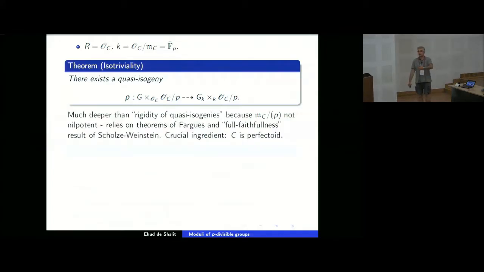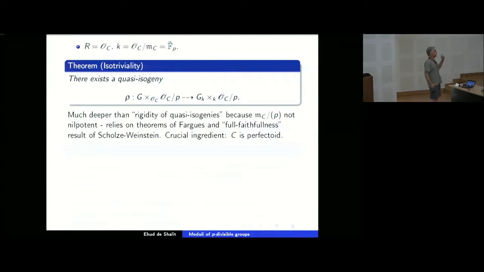Some of the main results of Scholze and Weinstein that I want to survey are the classification of p-divisible formal groups over O_C. And it will be important to have such a representability result not over perfect F_p-algebras, but over O_C. You've already seen that O_C is in characteristic 0, but in a sense, it's almost perfect.